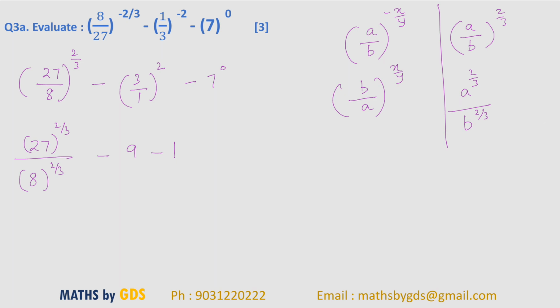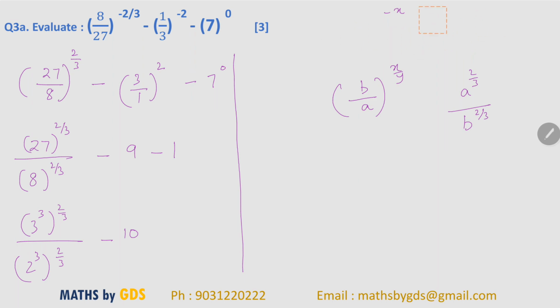So 27 can be written as 3 cube to the power 2 by 3. 8 can be written as 2 cube to the power 2 by 3. And minus 9 and minus 1 become minus 10. So I'll erase this now.